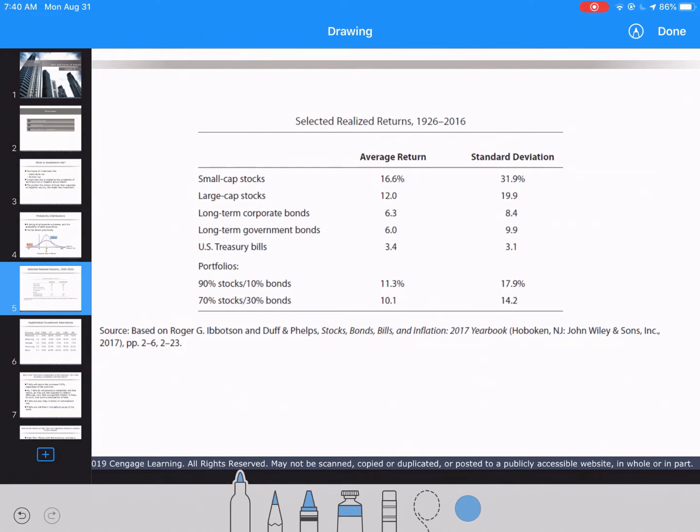When we calculate the standard deviation of small cap versus large cap, you can understand that small cap is more risky than large cap. On the other hand, take portfolios where one is 90% equity, and the other is 70% equity and 30% bond. You can expect that portfolio risk is higher for the one that has more stock.